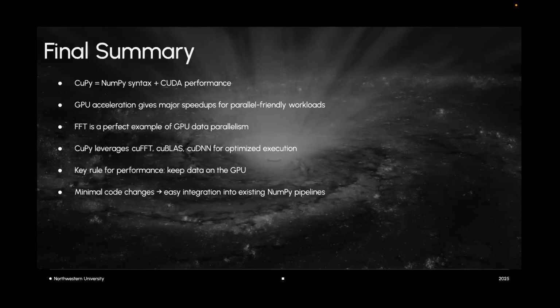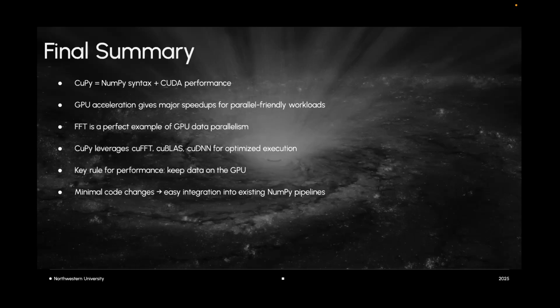Final overview, just a quick recap. CuPy is essentially a replacement for NumPy syntax, but with CUDA performance and CUDA operations if you have available hardware. And as we know from class, GPU acceleration gives us major speedups for parallel-friendly workloads, especially the fast Fourier transform. It's almost embarrassingly parallel, a perfect example of an algorithm that benefits greatly from GPU parallelism.